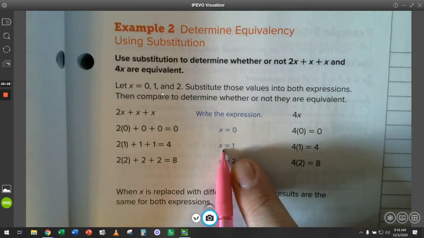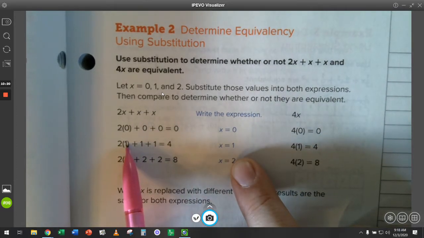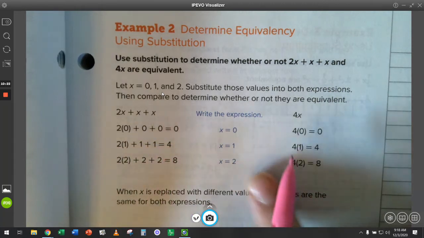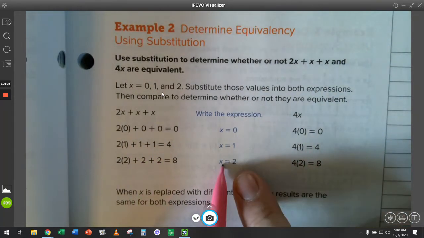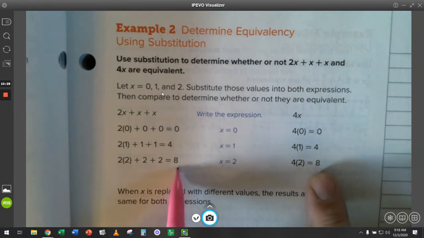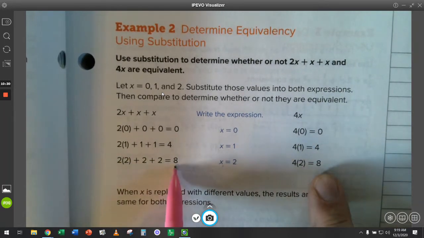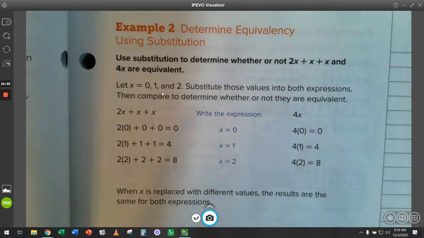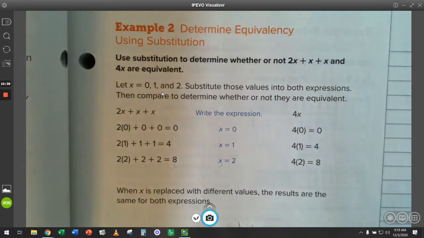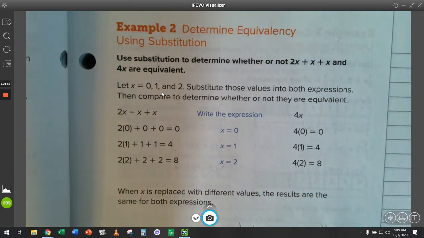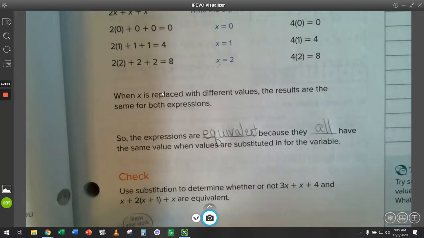Let's try it with x equaling 1. 2 times 1 is 2, plus 1 is 3. 4 times 1 is 4. Okay, so those work. How about if we tried a 2? Well, look at that. We got 8 for both answers. So we know that these are equivalent because they all have the same value when the values are substituted for the variable.